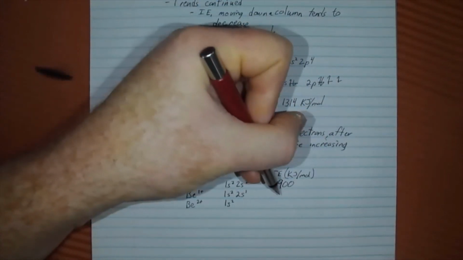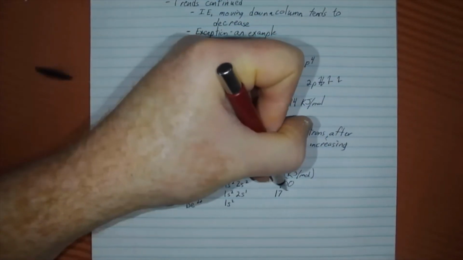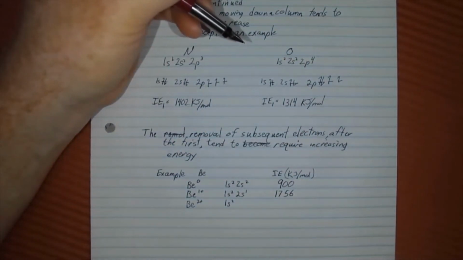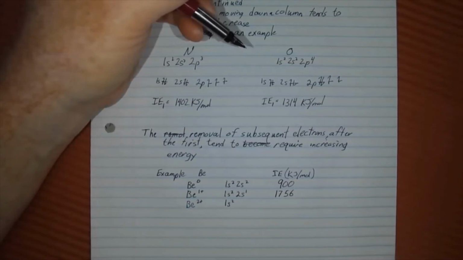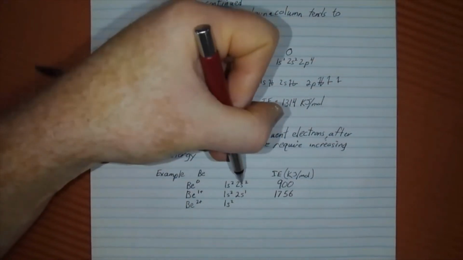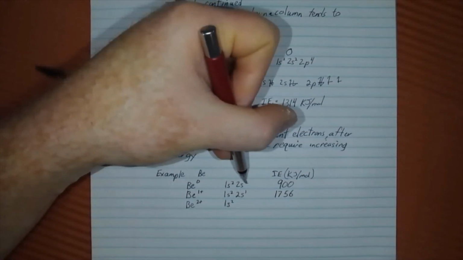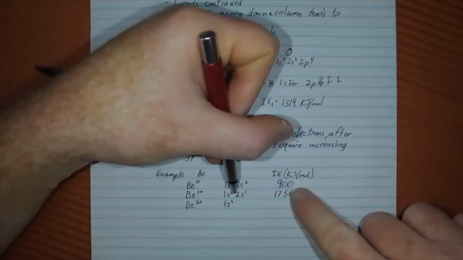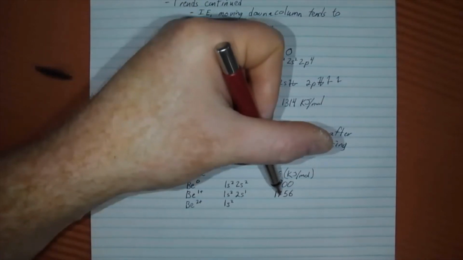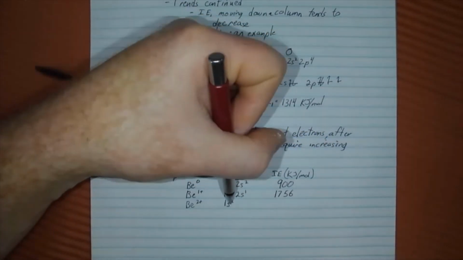It's going to take 1,756. So this is the energy required to go from 1s2, 2s2 to 1s2, 2s1, 900 to go from here to here. 1,756 is what it's going to take to go to here.